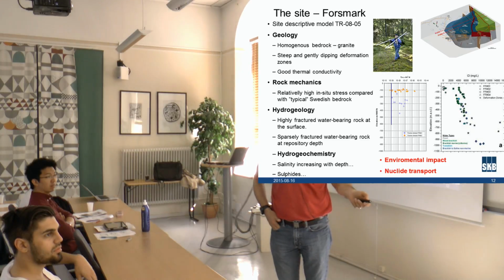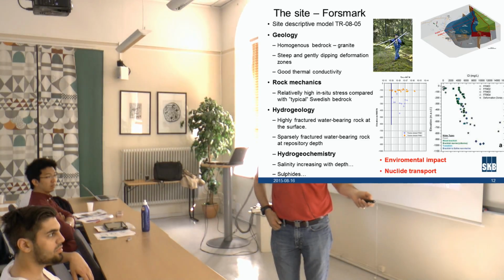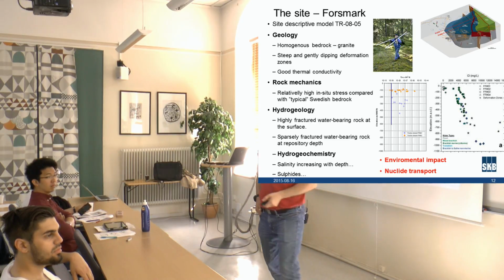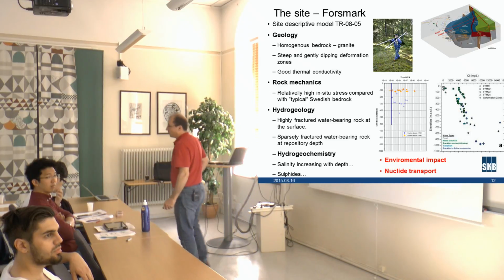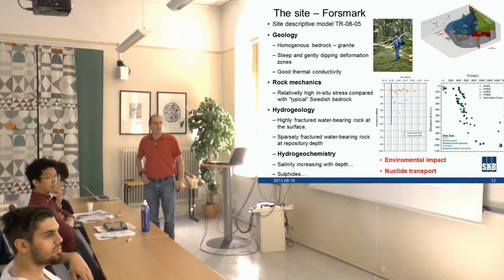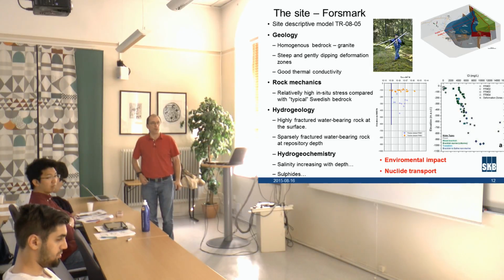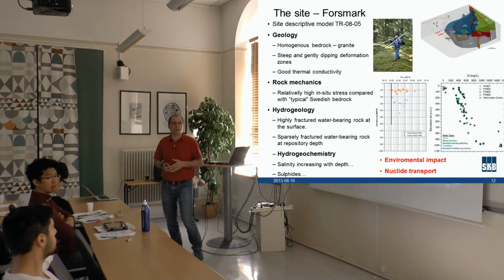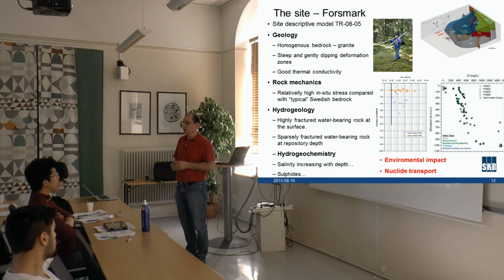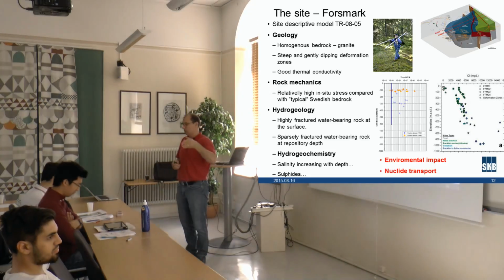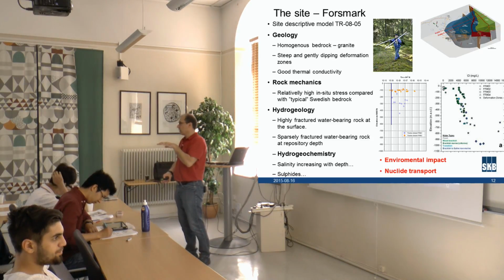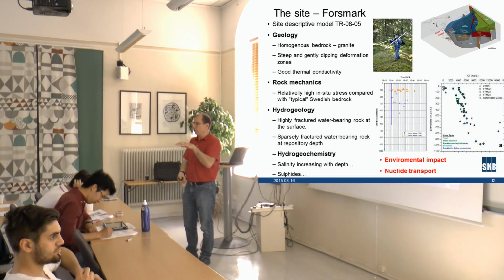So the granite is a feldspar-rich, quartz-rich rock, which is very important because it's a rock type which is good to transport heat. So as the canisters are going to be hot when they're deposited, they can be up to 100 degrees hot.